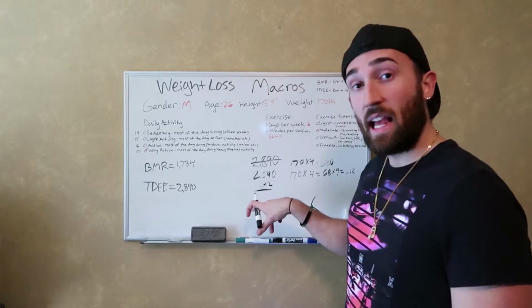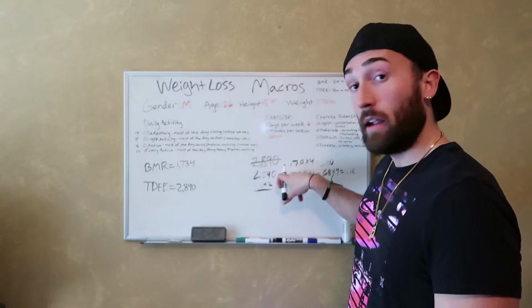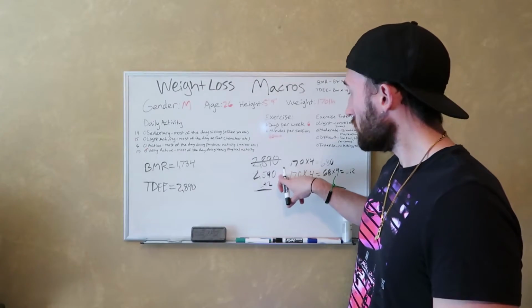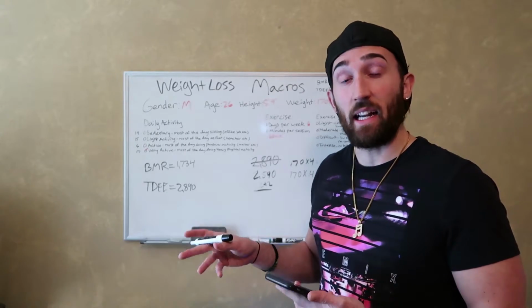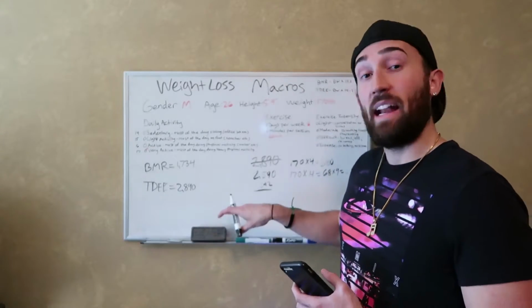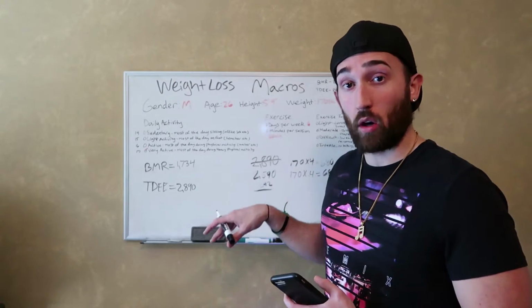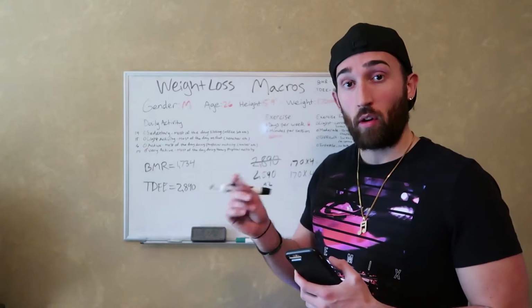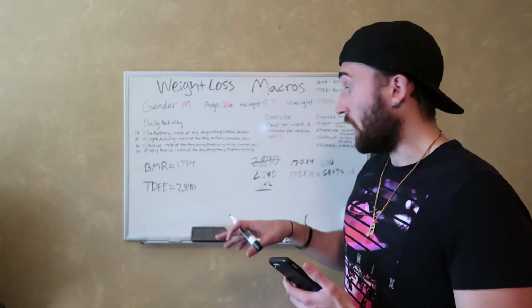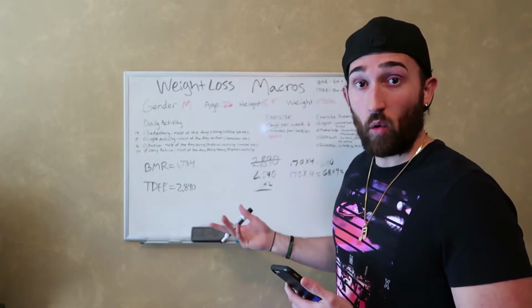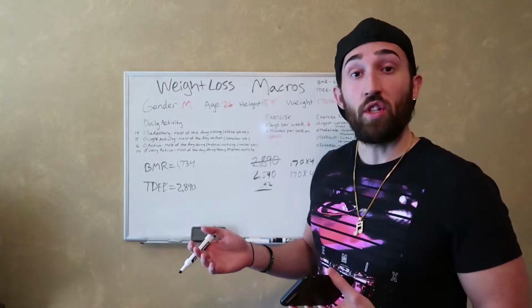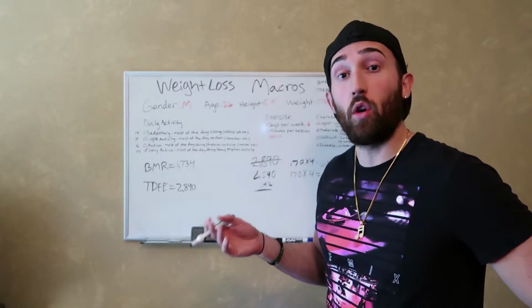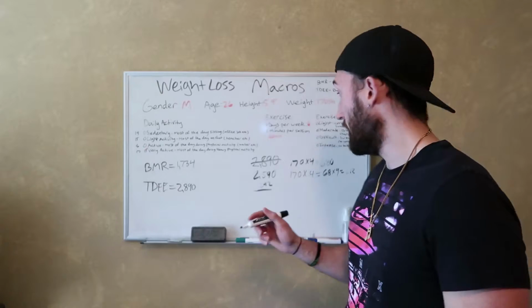And if I take that number and subtract it from my daily goal, that's going to be 1,298. So that's my leftover calories, and those calories are going to come from carbs. Carbohydrates per gram are worth 4 calories, so I need to take this number and divide it by 4, and that'll give me the grams of carbohydrates I need per day, which is going to be 324 grams of carbohydrates per day.